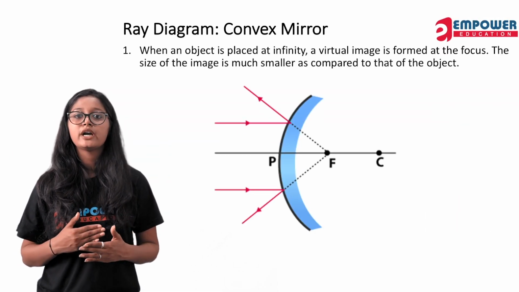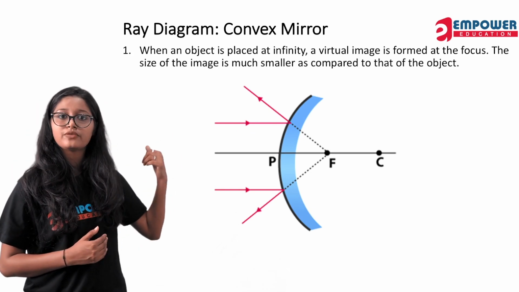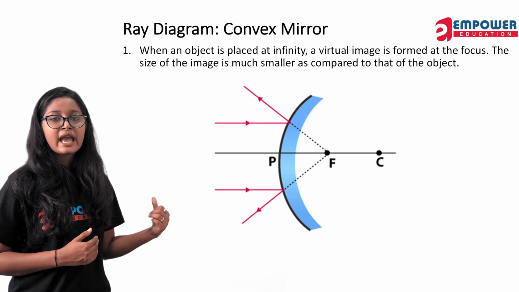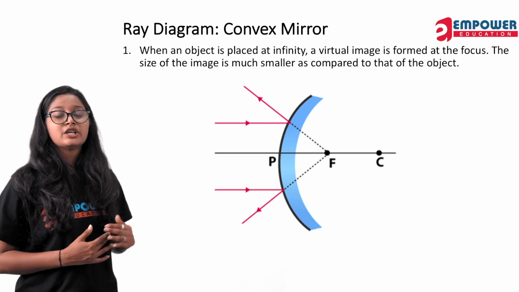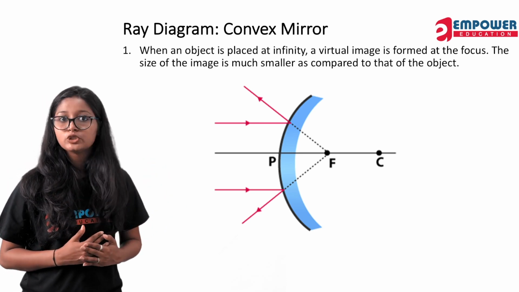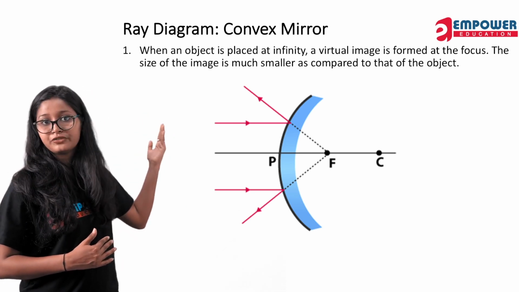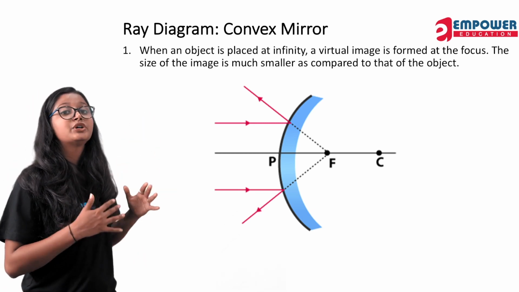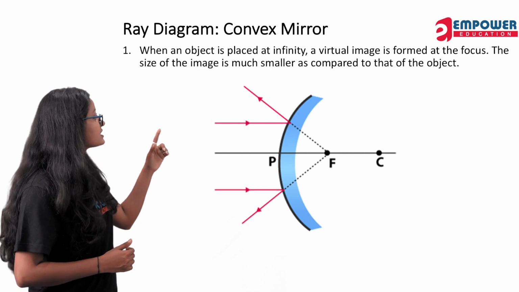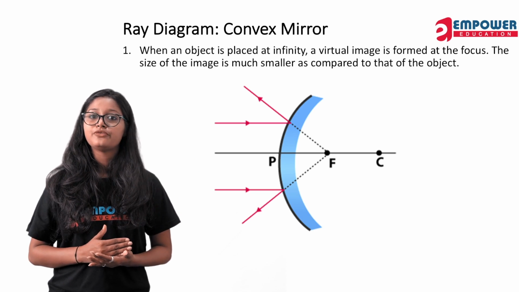Now let's discuss the formation of ray diagrams by a convex mirror. Now in this figure, you can see we have a convex mirror bulging outwards, and imagine an object is placed at infinity. So a ray of light will pass parallel to the principal axis. Then it will reflect at the reflecting surface. So you see the reflected rays appear to diverge. And if I extend these rays and meet at a point, you see that they meet at the focal point.